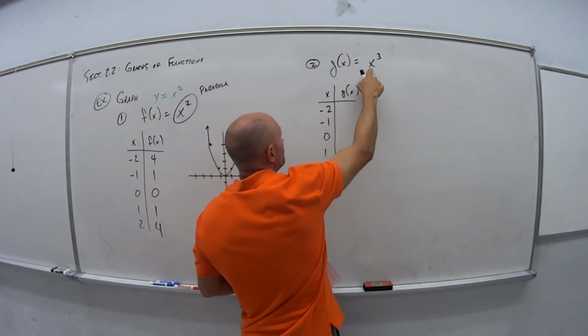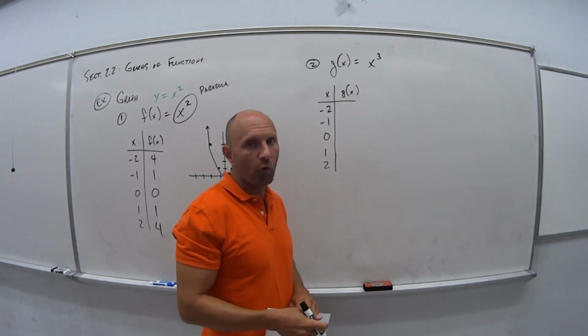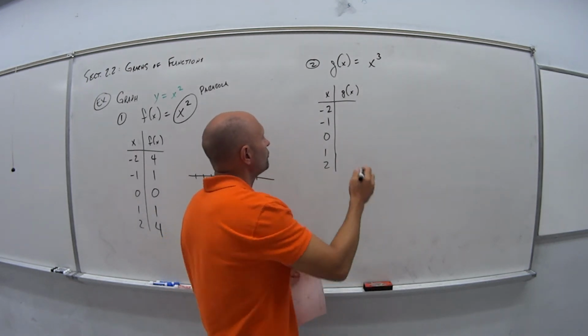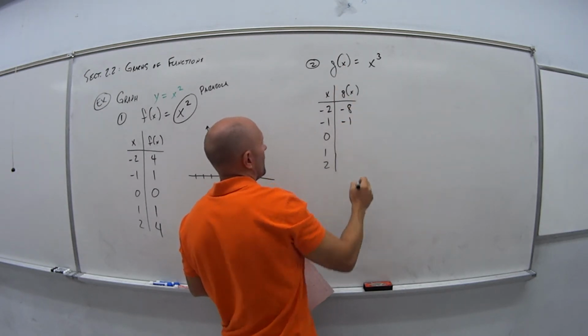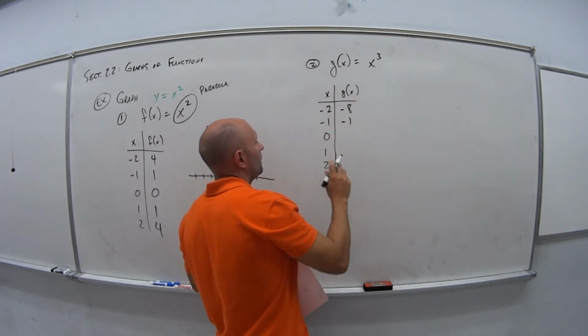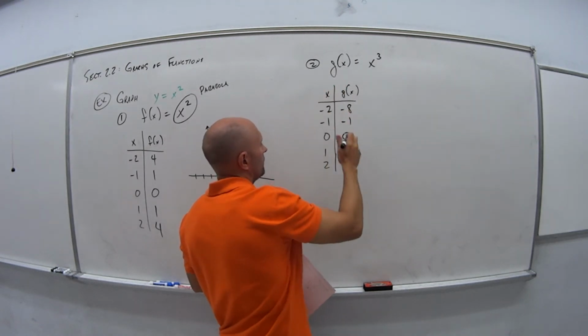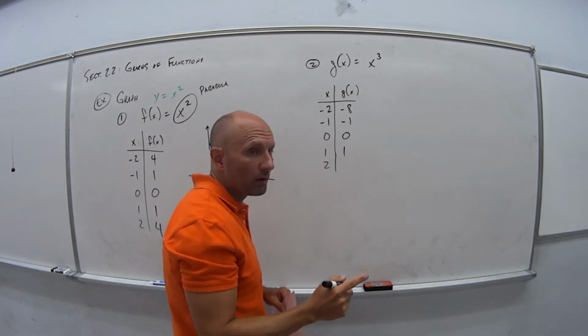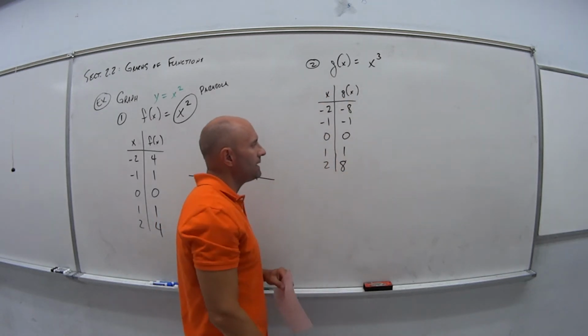So negative 2 to the third power, negative 2 times negative 2 is positive 4. Positive 4 times negative 2 is negative 8. Negative 1 to the third power is negative 1. 0 to the third power is 0. Positive 1 to the third power is positive 1. And positive 2 to the third power is positive 8.